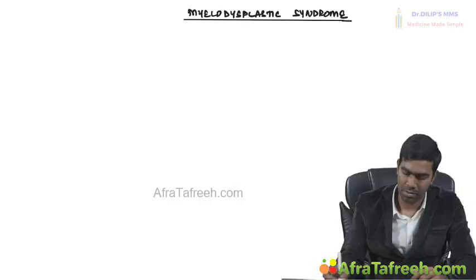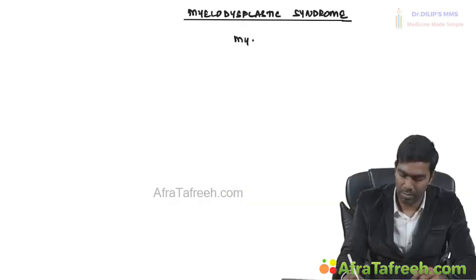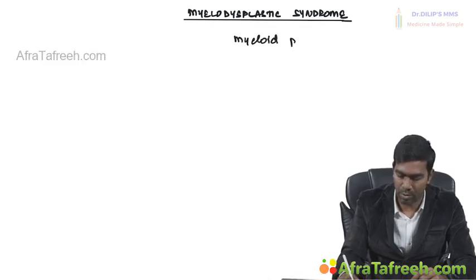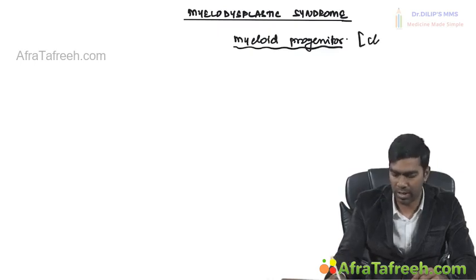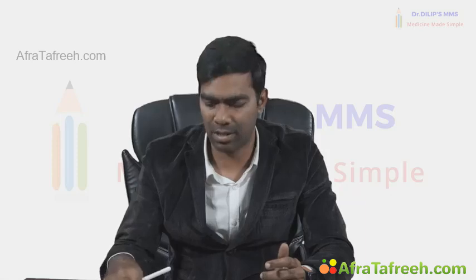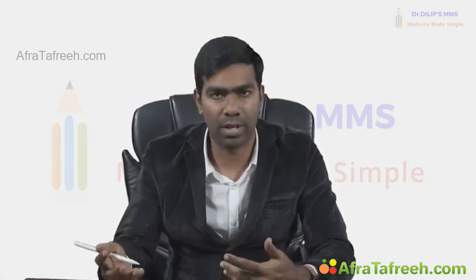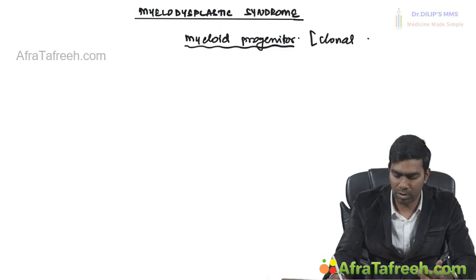So you have a myeloid precursor cell or a myeloid progenitor cell. This is a multipotent stem cell, and any malignancy, or even myelodysplastic syndrome, is a proliferative disorder, but this is also a clonal stem cell defect.